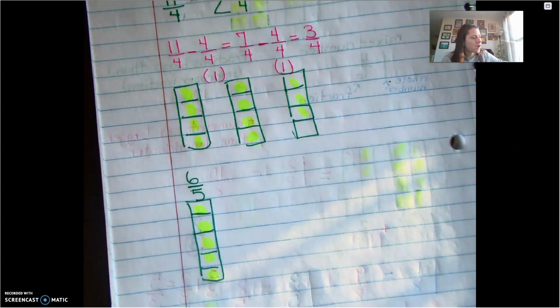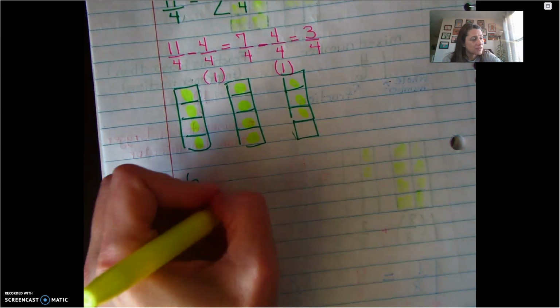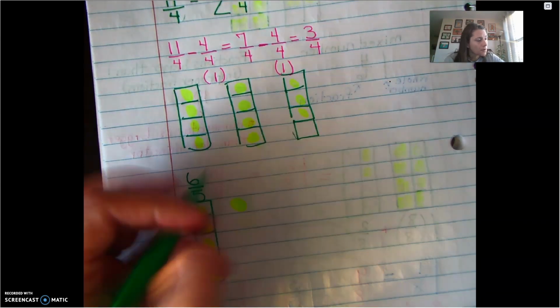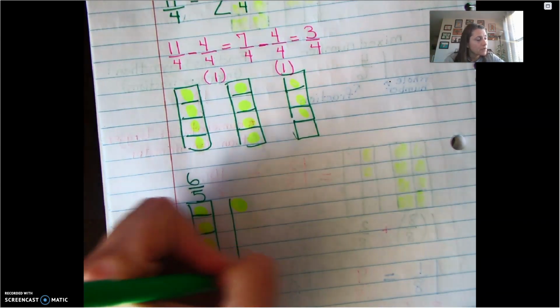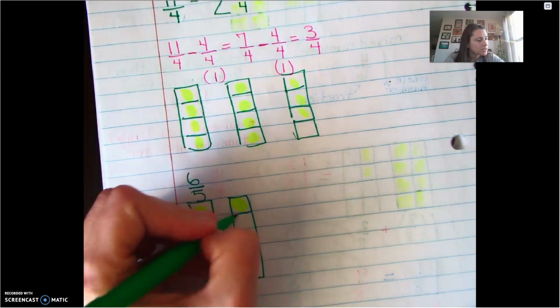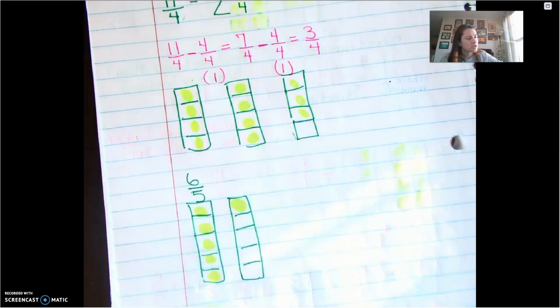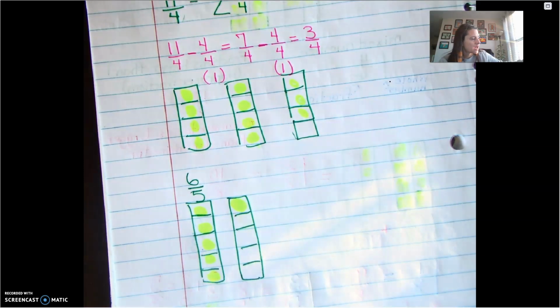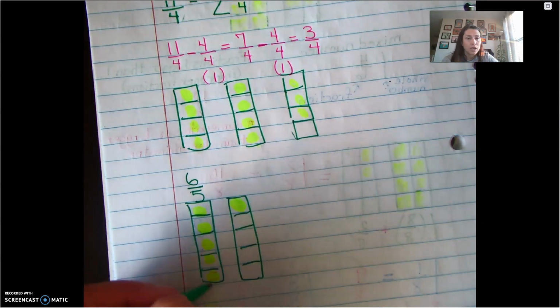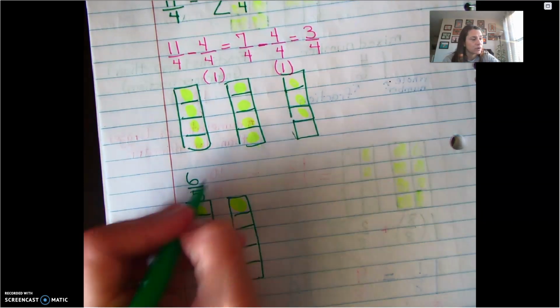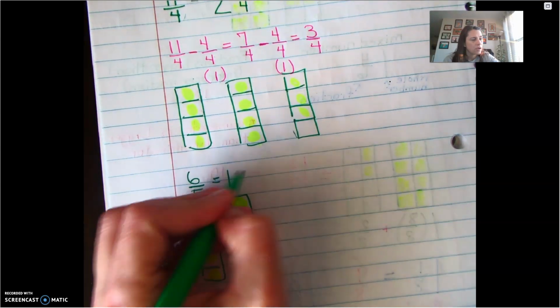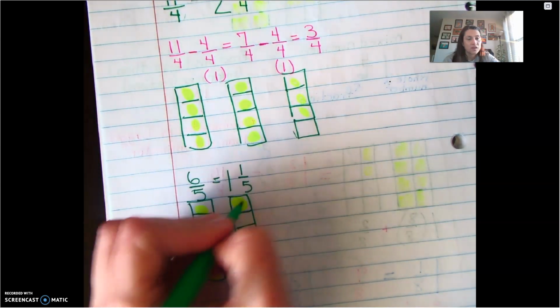Because that's my bottom 5, but I have 6 parts, so I have to have 1 more over here. And remember, the 2 shapes have to be the same. So I've got 6/5. So how many wholes do I have? I have 1 whole and 1/5 left over.